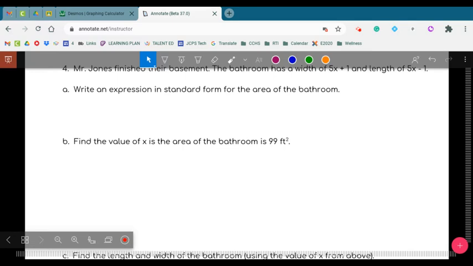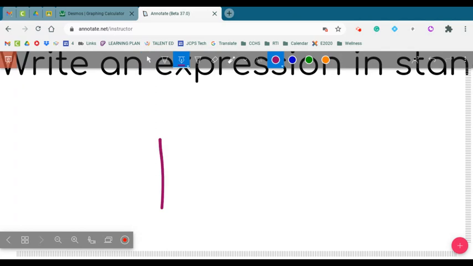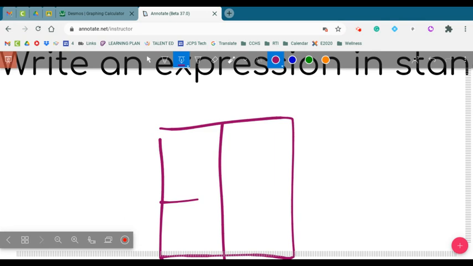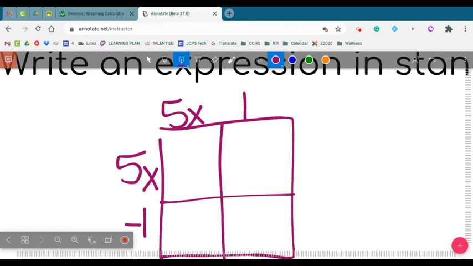So it says, Mr. Jones finished their basement. The bathroom has a width of 5x plus 1 and a length of 5x minus 1. Write an expression in standard form for the area. So I have to do my box method. 5x and a positive 1, 5x and a negative 1.